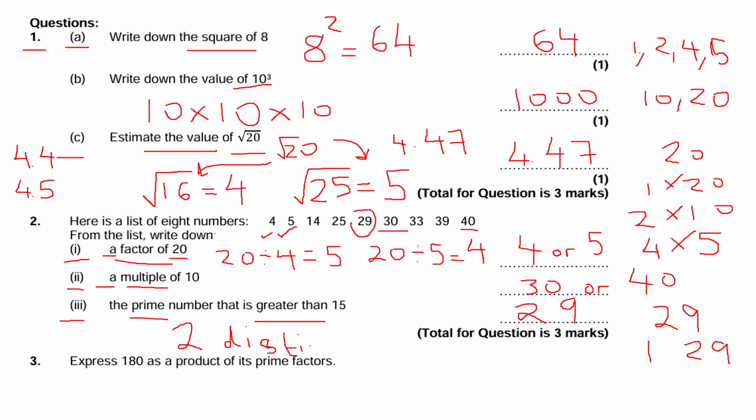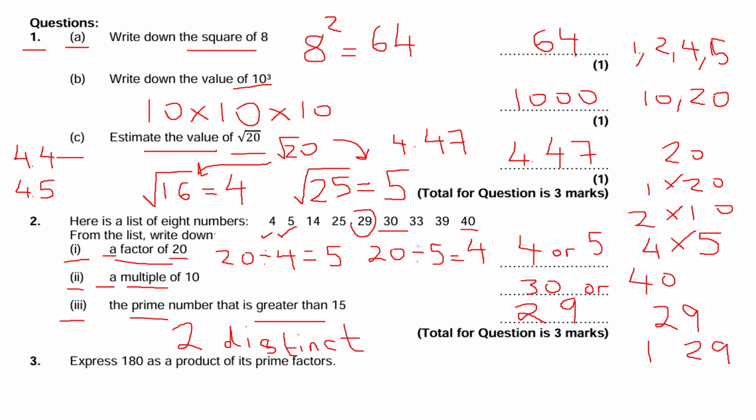So it must have exactly two factors. So 2 is prime, 3 is prime, 5 is prime, 7 is prime, 11 is prime, 13 is prime, so on and so forth. 17, 19, 23, 29, 31, 37, 41, so on and so forth.